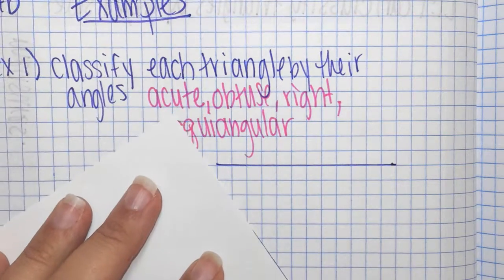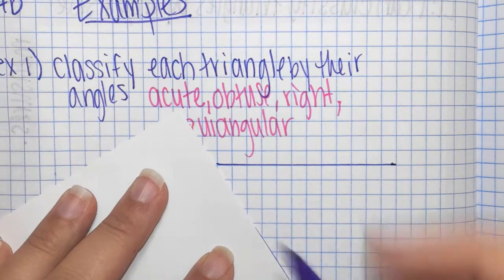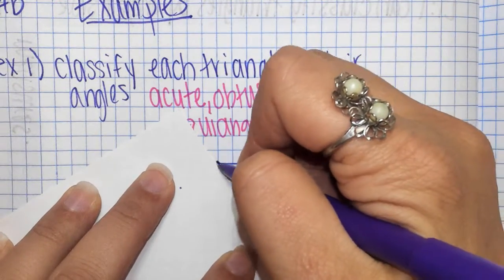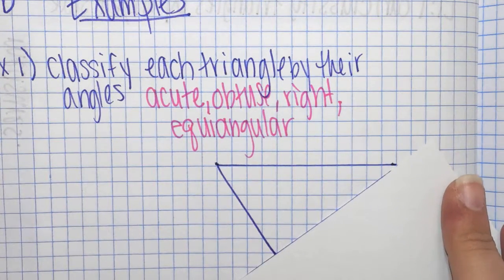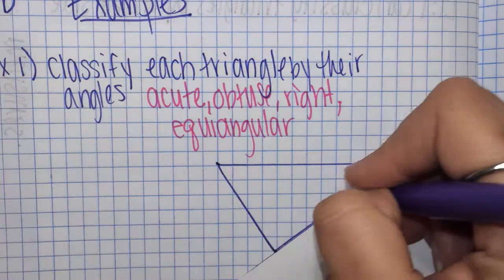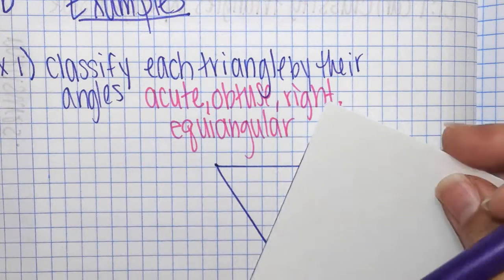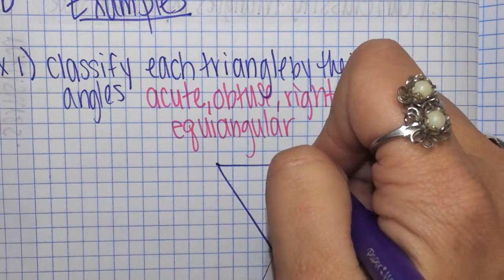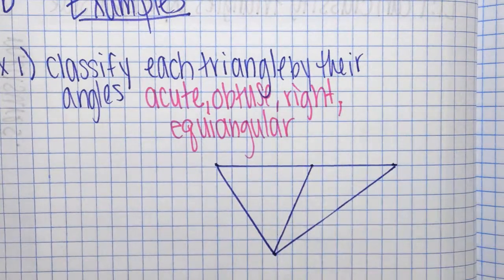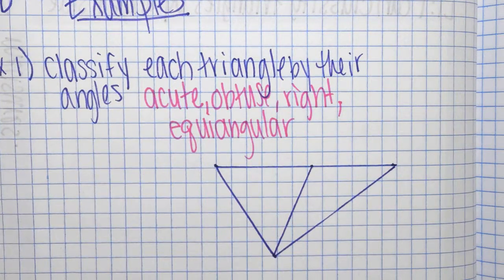And then I want you to draw this line. And then I want you to draw this line. And then I want you to draw this line. Four lines.